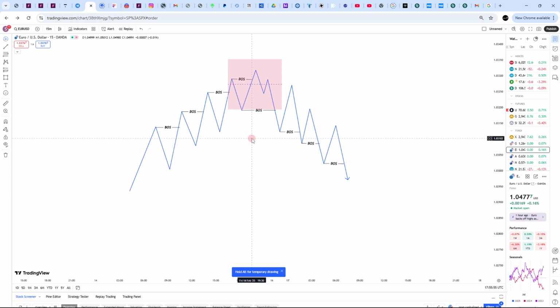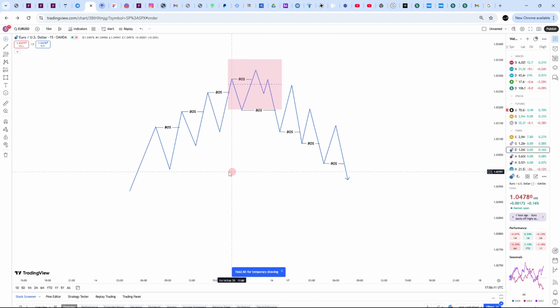So let's first look at what we really call reversal trading. Reversal trading is only taking a trade from the start of the move or the start of the trend up to when the trend is going to end.